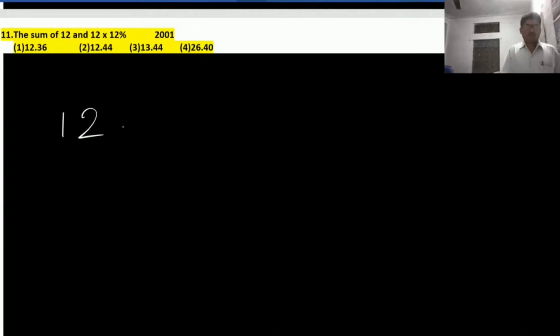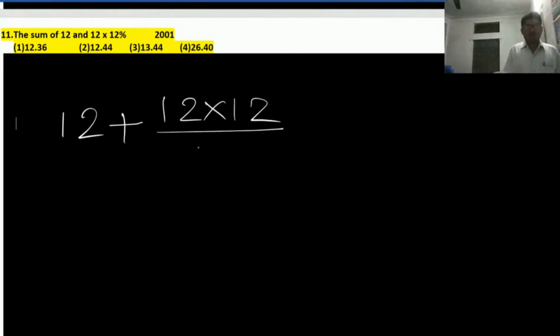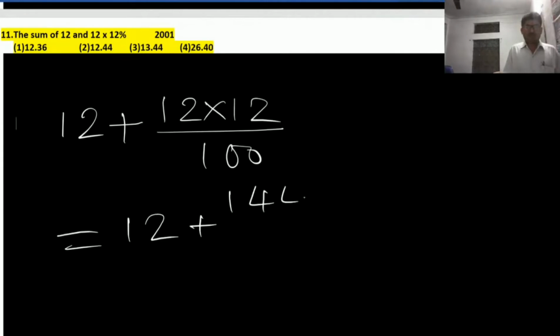Sum means you have to add 12 and 12 into 12%. 12 into 12% means 12 by 100 into 12, that is 12 12s are 144 by 100.